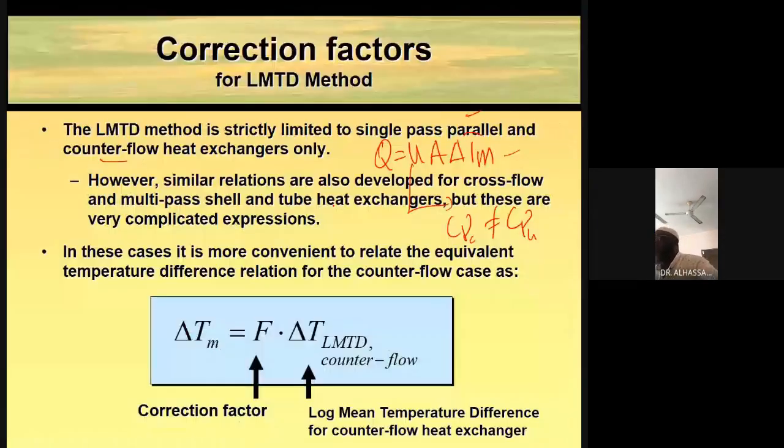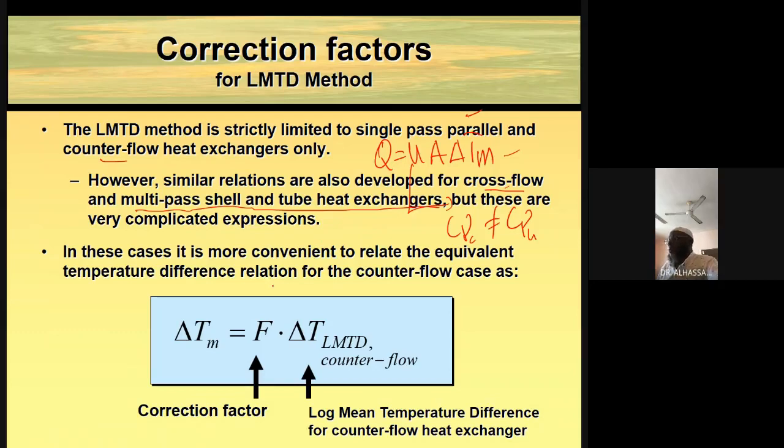This correction factor is generally used for all different types of heat exchangers: counter flow, parallel flow, multiple pass, cross flow situations like this. Similar relations are also developed for cross flow and multi-pass shell and tube heat exchangers, but these are very complicated expressions.